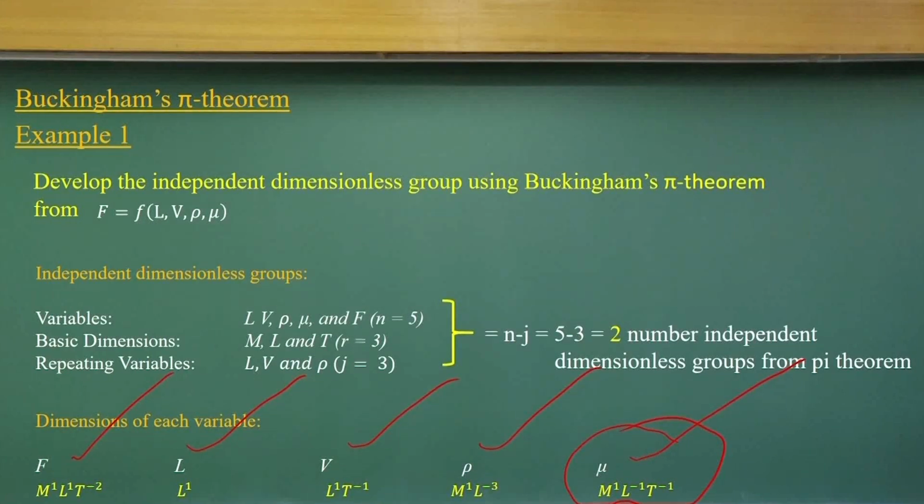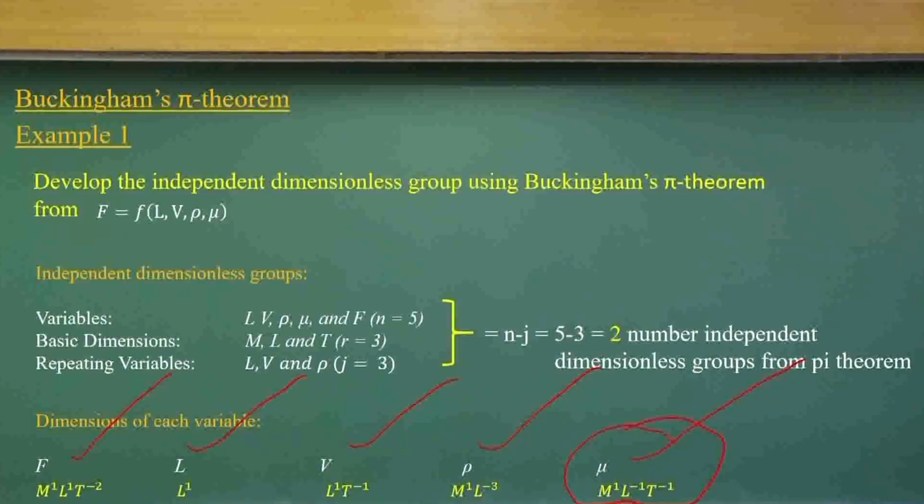If you do not remember the dimensions of dynamic viscosity, please remember Newton's law of viscosity. If you remember it, you can easily compute what the dimensions of mu are. That is what you always get confused about in any exam.